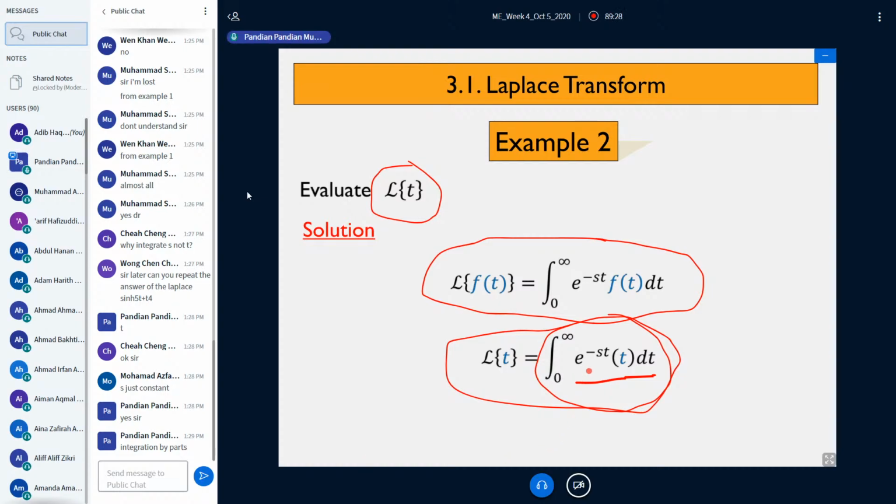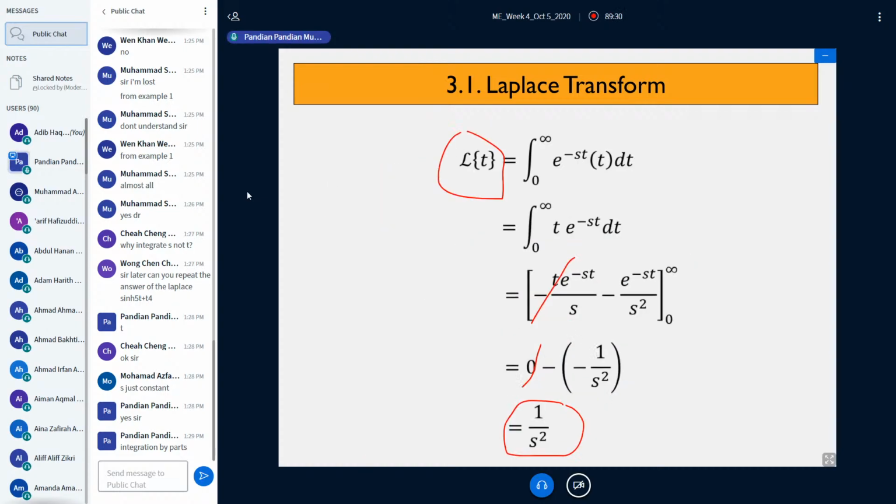So this one, you have to do using the formula u dv dt. If you use the integration formula, you get this answer: minus t e power minus st divided by s, minus e power minus st divided by s squared. So t runs from 0 to infinity. So this one, even though it's infinite, 1 over infinity is 0.